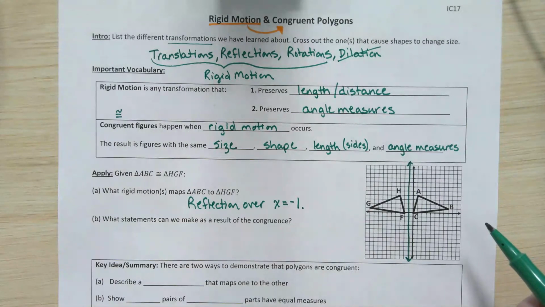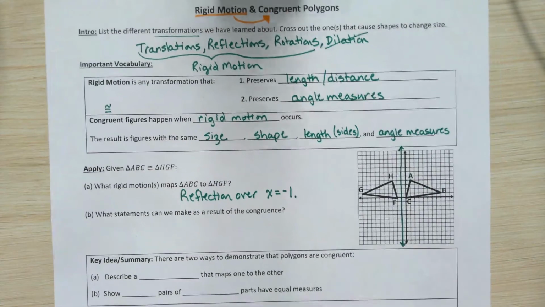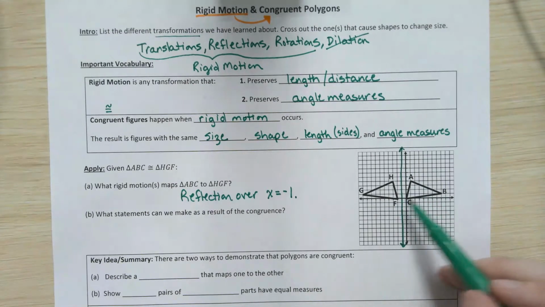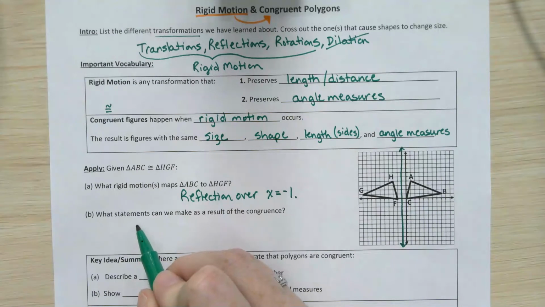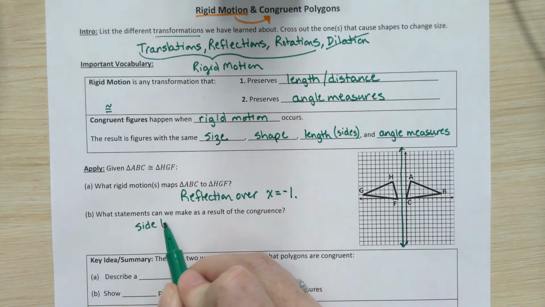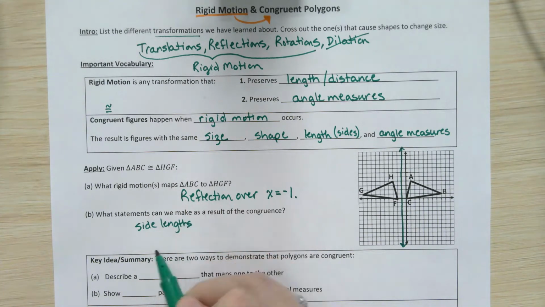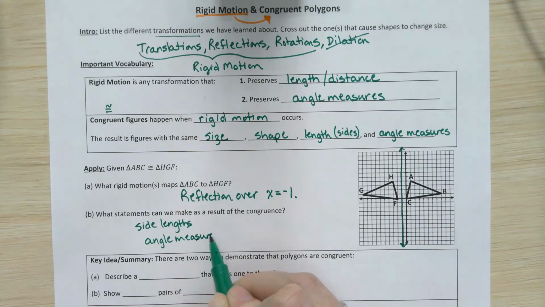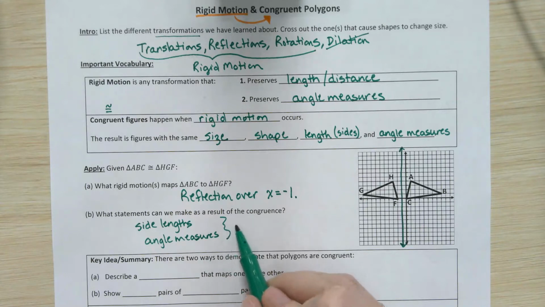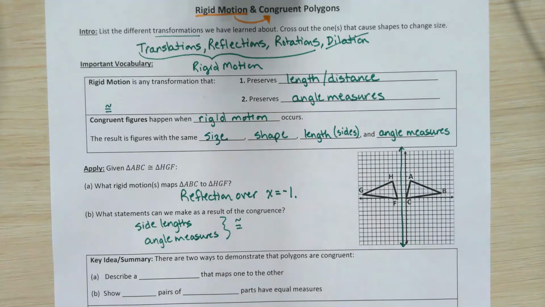So because of that, we know a whole bunch of things. These triangles are the same size and shape, and so what they're going to have are a whole bunch of side lengths and angle measures that are identical. They don't change. There's going to be what we call in a minute corresponding congruent parts, and we'll dig into that phrase and what it means.